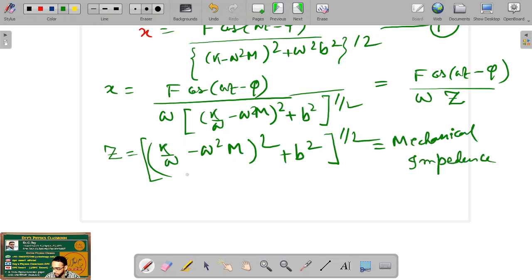So Z is called mechanical impedance, and x equals F cos(ωt − φ) divided by ωZ. This is the expression for displacement in terms of mechanical impedance.